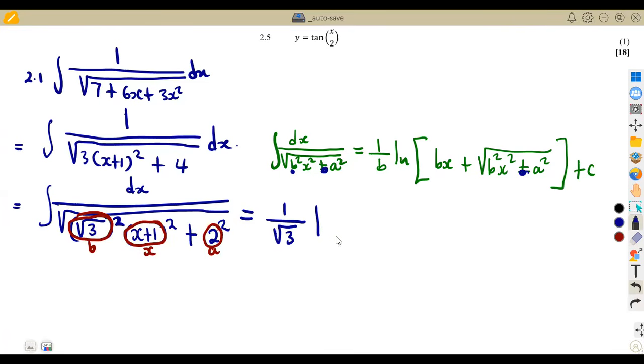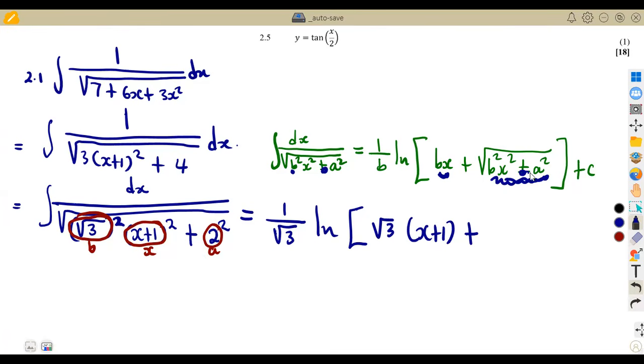Then ln of bx. So b is the square root of 3, so it is going to be ln of the square root of 3, which is our b, times x. What is representing x is the whole of this part here, which is x plus 1. Plus the square root of b squared x squared plus a squared.